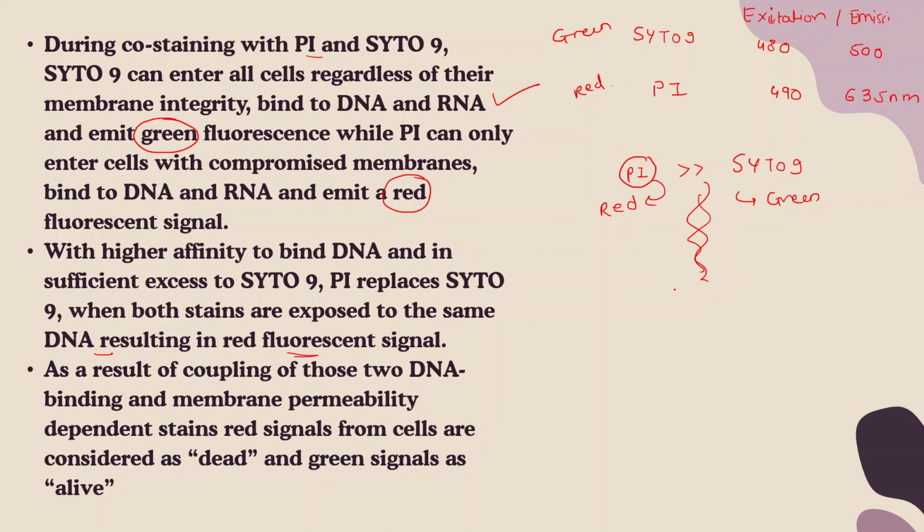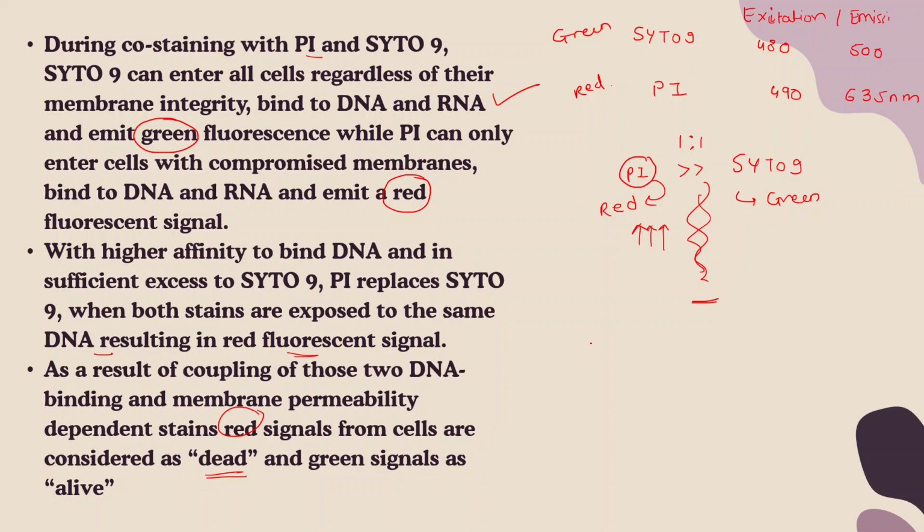So if you are treating the DNA with both the stains in a 1:1 ratio, you will see that the red fluorescent intensity is higher in comparison to cyto9. As a result of coupling of these two DNA binding and membrane permeability dependent stains, red signals from cells are considered as dead and green signals as alive.